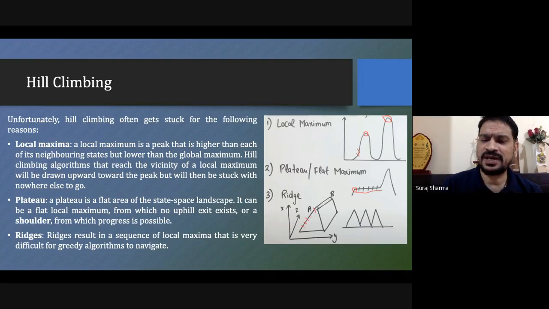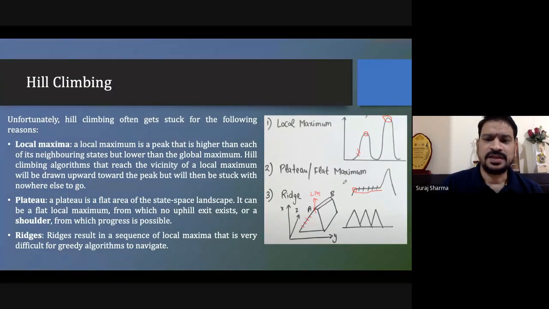Instead, it will stay here and say this particular point is the global maximum, taking this particular point as a solution. But this is actually the local maxima. This is not the global maxima. Where you have the global maxima is point B. Point B is your global maximum here, but we cannot go there.